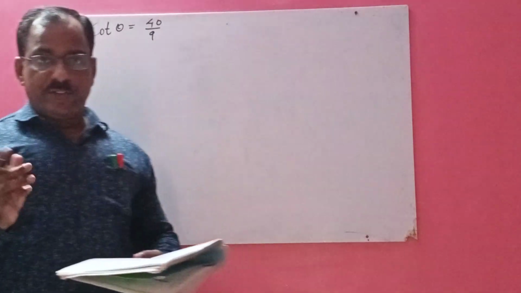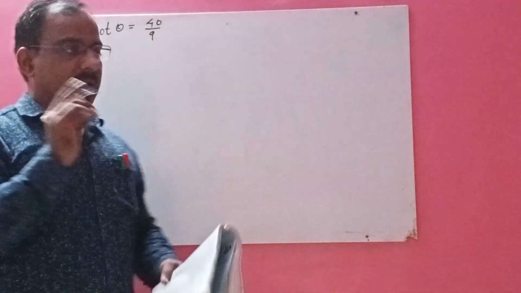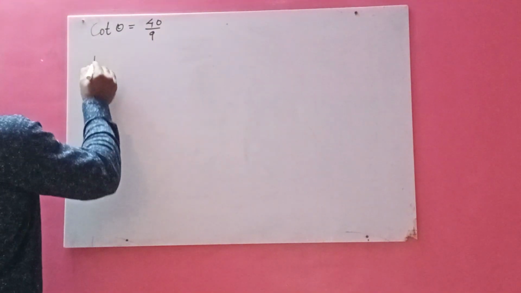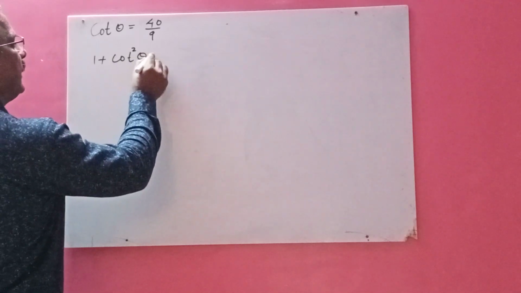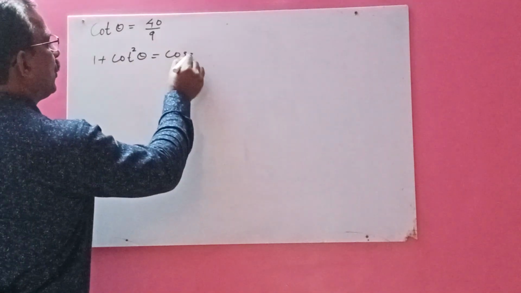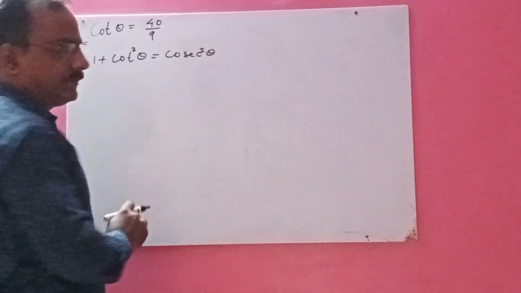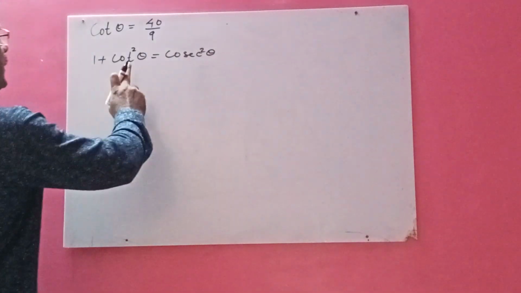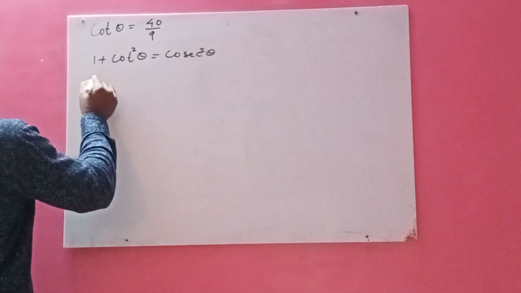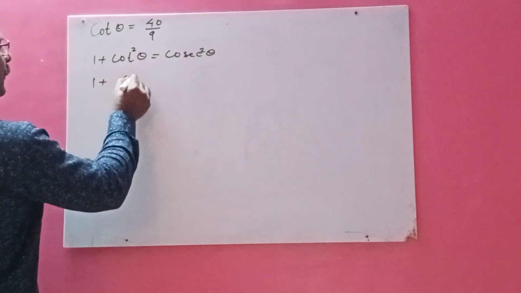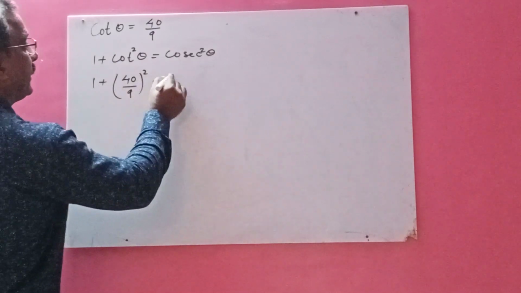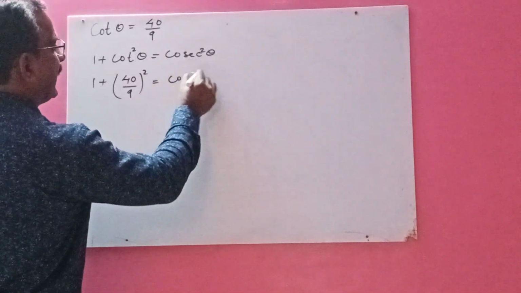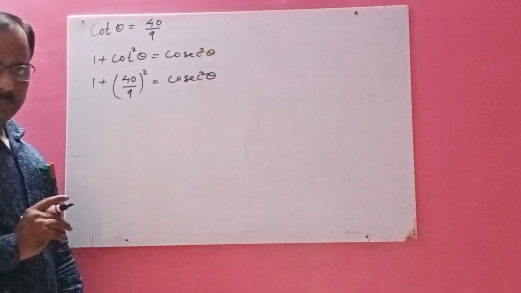As you know the relation between cot and cosec: 1 plus cot square theta is equal to cosec square theta. Okay? Substitute cot theta by 40 upon 9. 1 plus 40 upon 9 the whole square is cosec square theta.